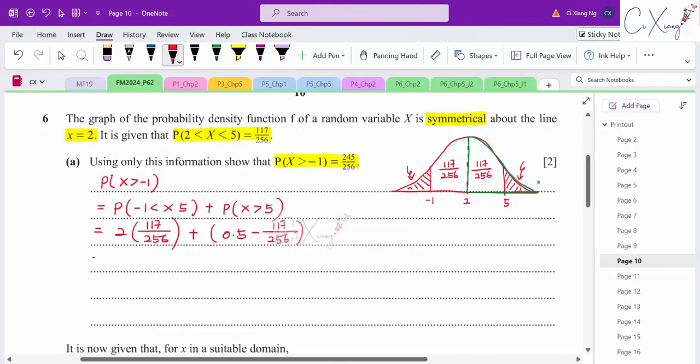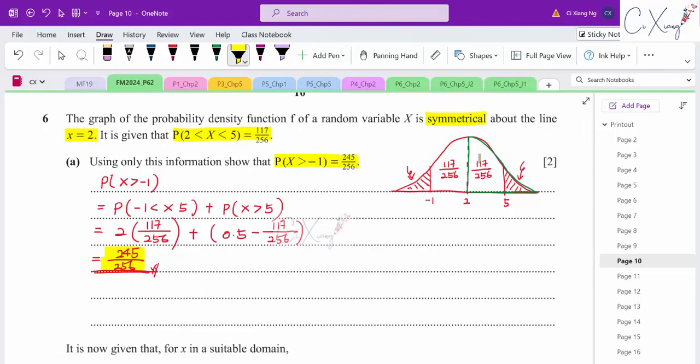From here you should get the answer that they want us to show, 245 over 256. So this is what I expect, right? Of course, the original graph might not be something like this. It just helps us to visualize the question clearer.